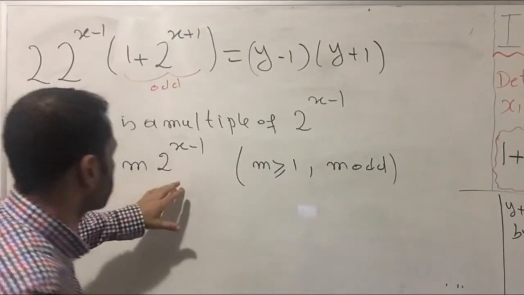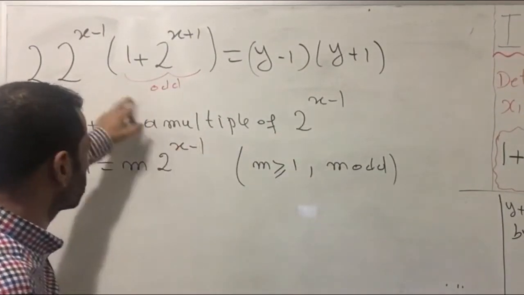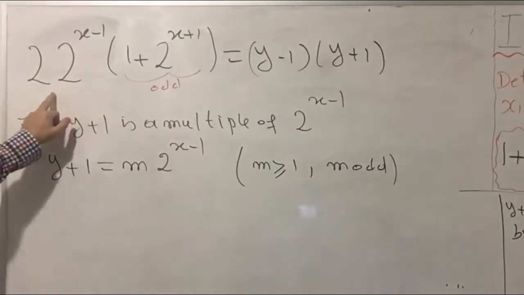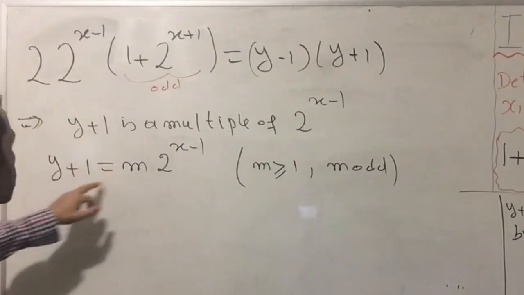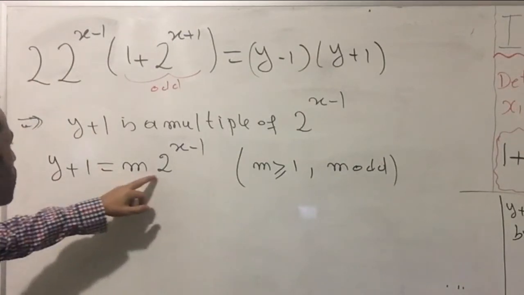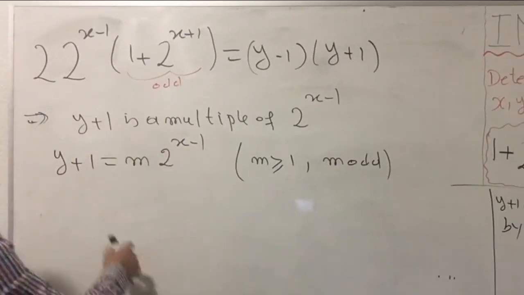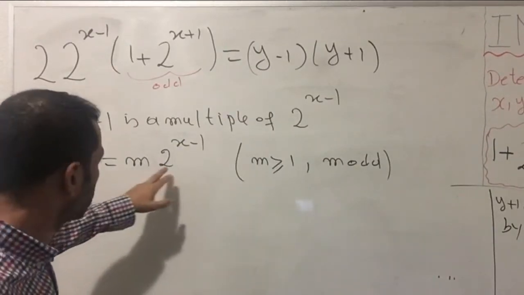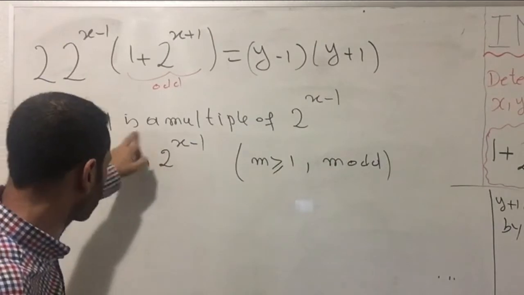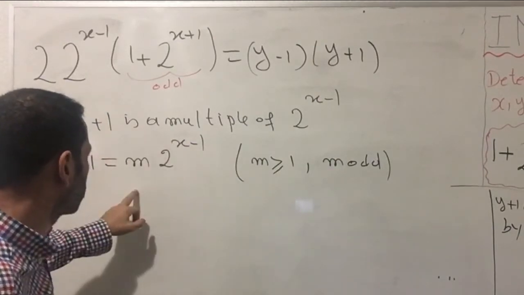M is odd because it was even before. If you take a look at equation number 2, it is the same thing as writing y plus 1 equals m times 2 to the x minus 1. Since y plus 1 is even, this term should also be even.